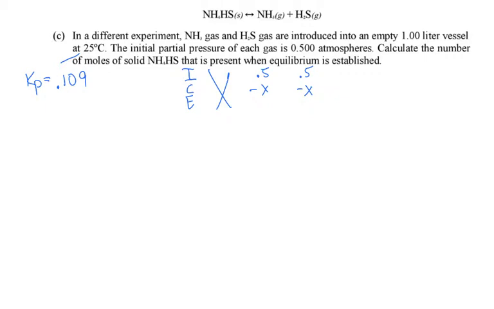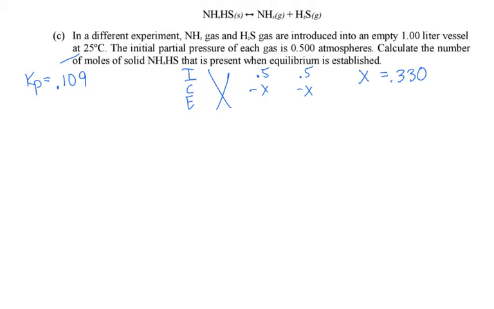And then it's going to want us to calculate the number of moles of solid NH4HS. Well, this is not going to be possible using the ice chart. We're going to have to use our stoichiometry. But first we have to figure out what our equilibrium values are for the partial pressures of NH3 and H2S. So, if you look previously, when we had solved for x, when Kp is 0.109, x equaled 0.330.